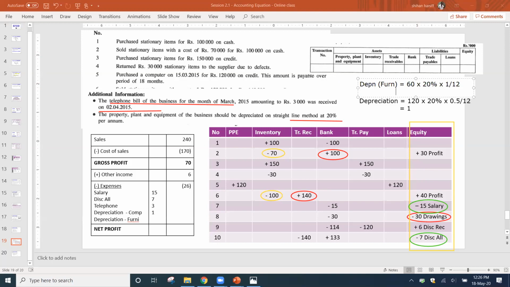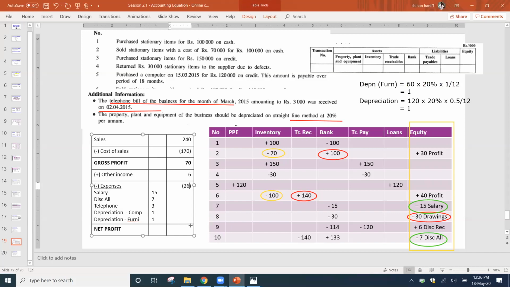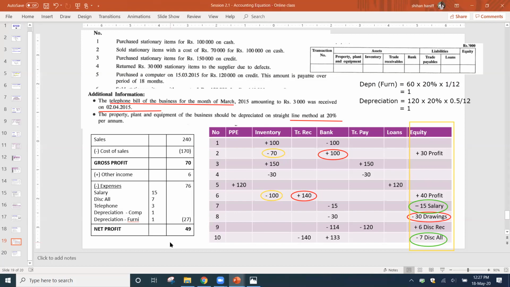So that gives another 1,000. 76 minus 27. 76 minus 27 is 49. Net profit is 49.